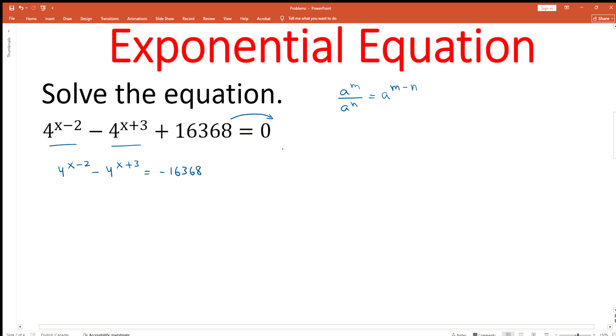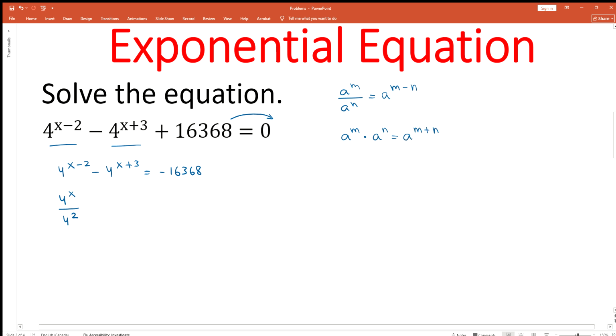We can break up 4^(x-2) as 4^x over 4^2. For the term 4^(x+3), we should use the multiplication law of exponents. This law is a^m times a^n equals a^(m+n).